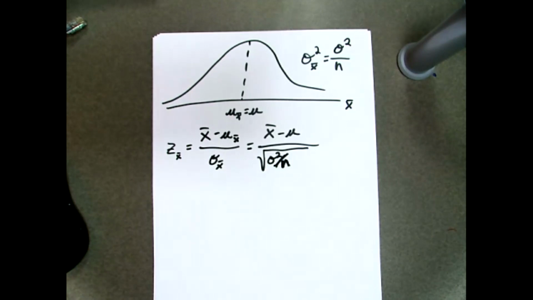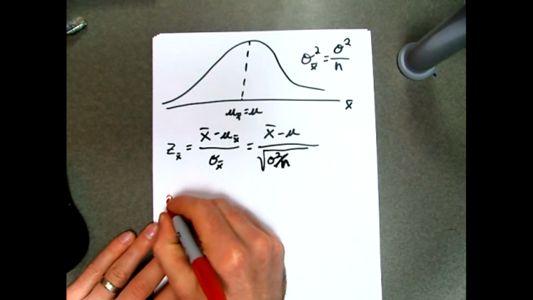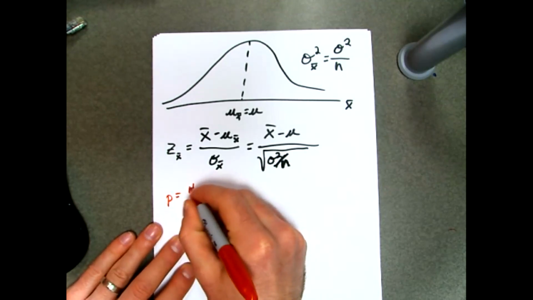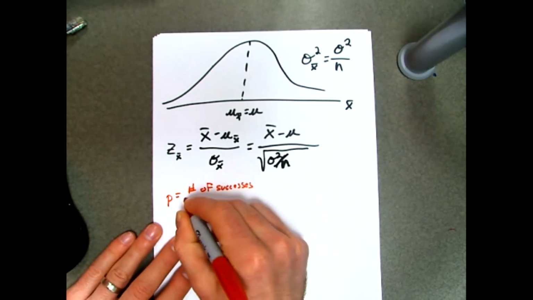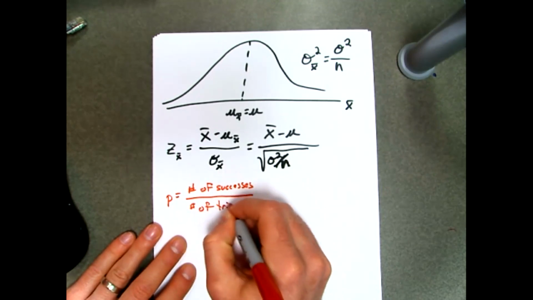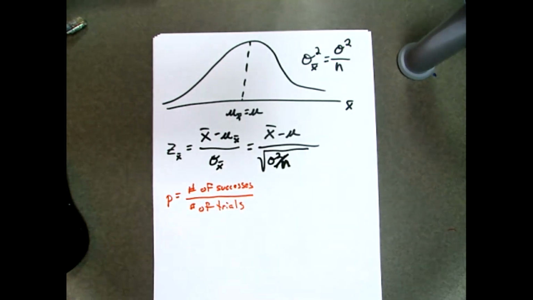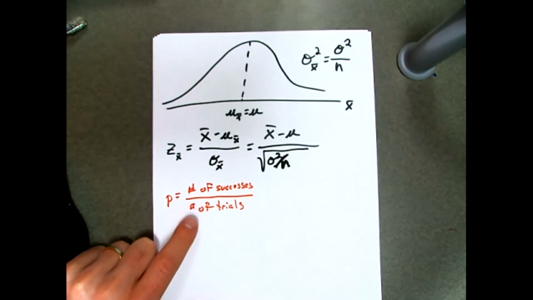If I think about my sample proportion, a proportion we can think of as just the number of successes over number of trials. So it's starting to sound kind of like a binomial, right? The number of successes, well, that's what the binomial distribution told me.